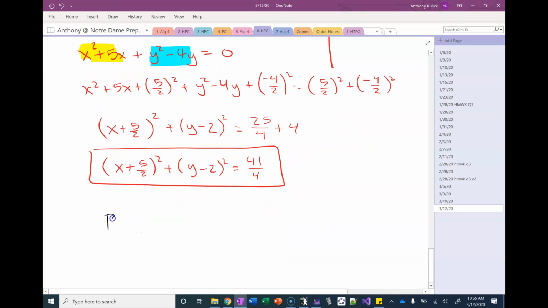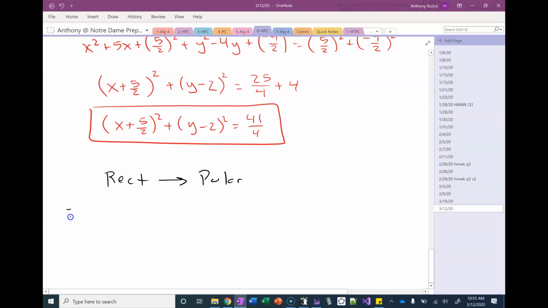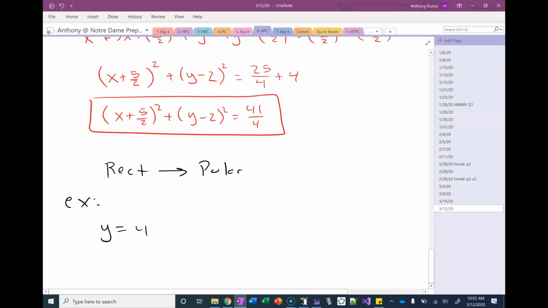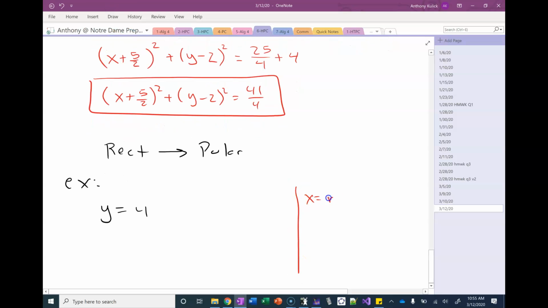So now let's go Cartesian or rectangular back to polar. Again, I'm just going to write on the side those 3 equations that we've used here to do these conversions. Again, we might use some of them or none of them, but I'm going to write them down anyways, so we can refer to them, so you don't forget them. Okay. So what I want to do is eliminate all of my x's and y's and replace them with r's and thetas.